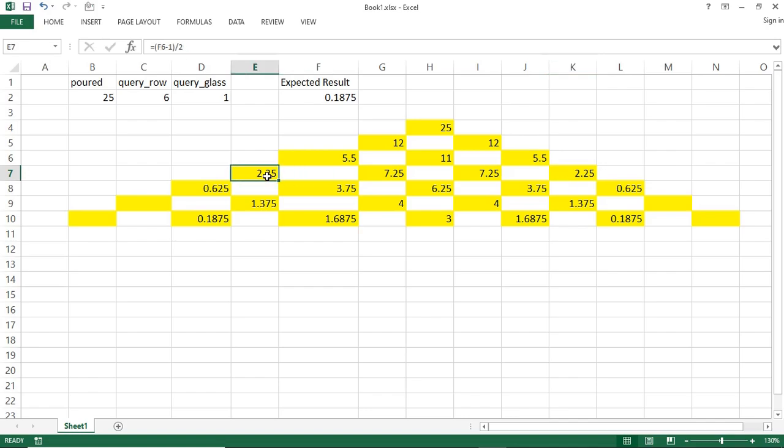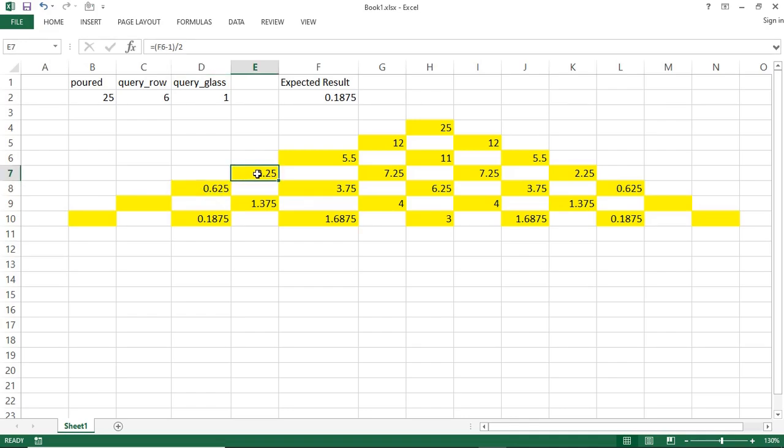So if you see the flow, what we are doing is the current glass value that we are having, we are subtracting 1 if it is greater than 1, and whatever is the remaining value, we are adding half of that value to the lower left and lower right glasses. So whatever is the value earlier, we are adding half of this value to that. So here earlier it was 0, so 0 plus half of the remaining here.